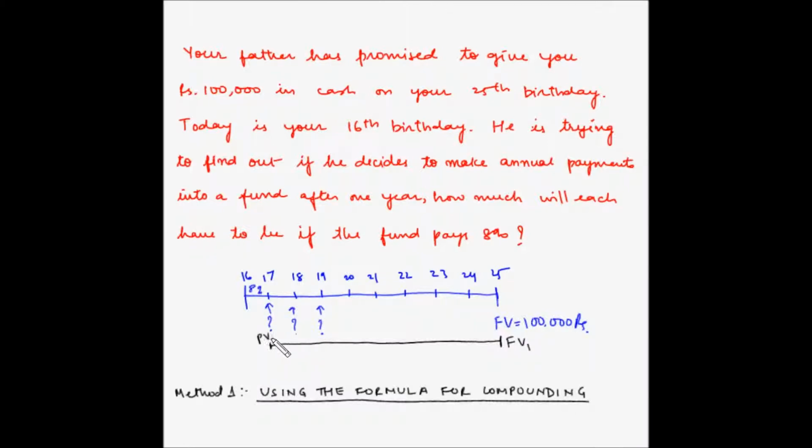So this PV amount will gain 8% every year for the next 1, 2, 3, 4, 5, 6, 7, and 8 years. So n is equal to 8 in this first case.